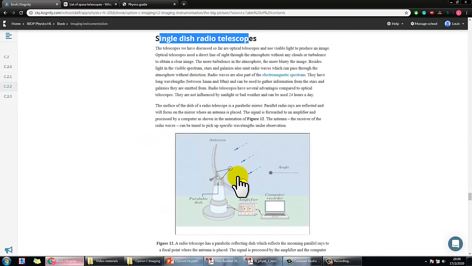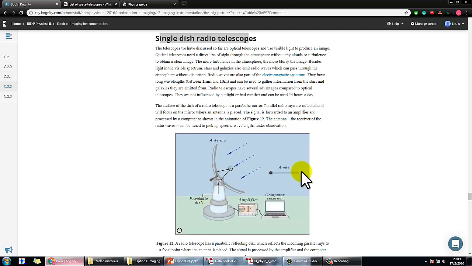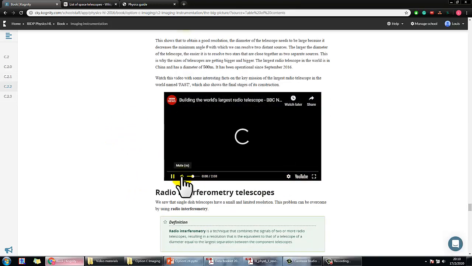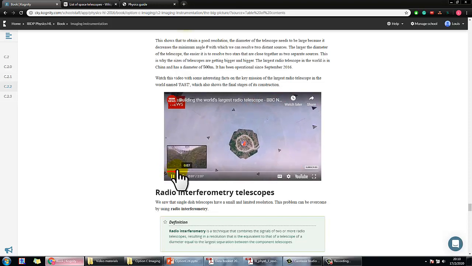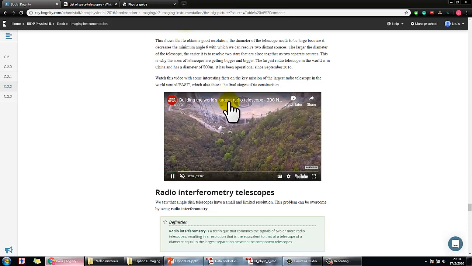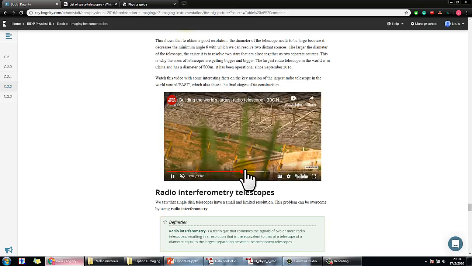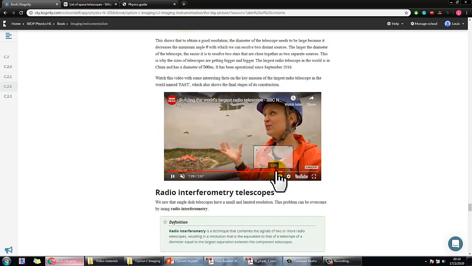For the radio telescope, there is a very simple simulation. Actually, there's nothing you can do. It's just adjusting the angle, and then you can see the signal get reflected to this parabolic disc. And this is the equation that will be required. There's also a nice video about a very large radio telescope, I'm not sure if it's still the largest, which is really huge.